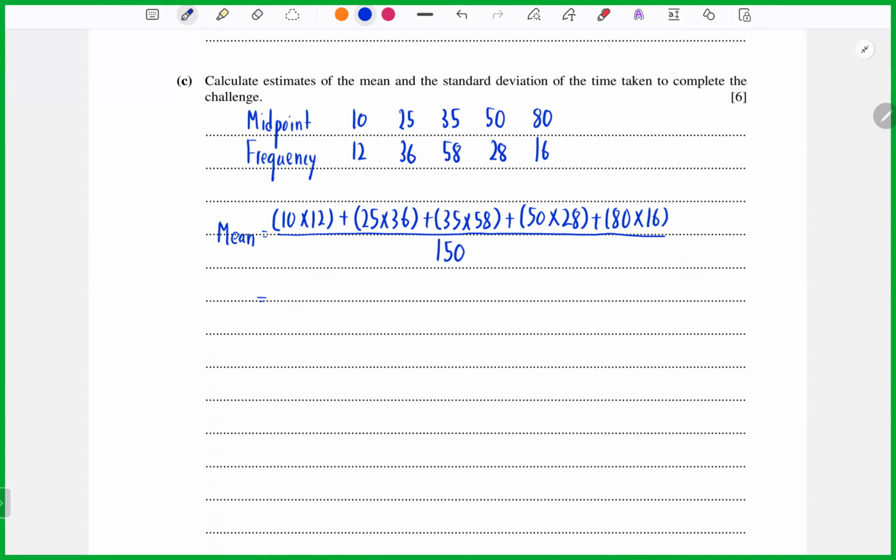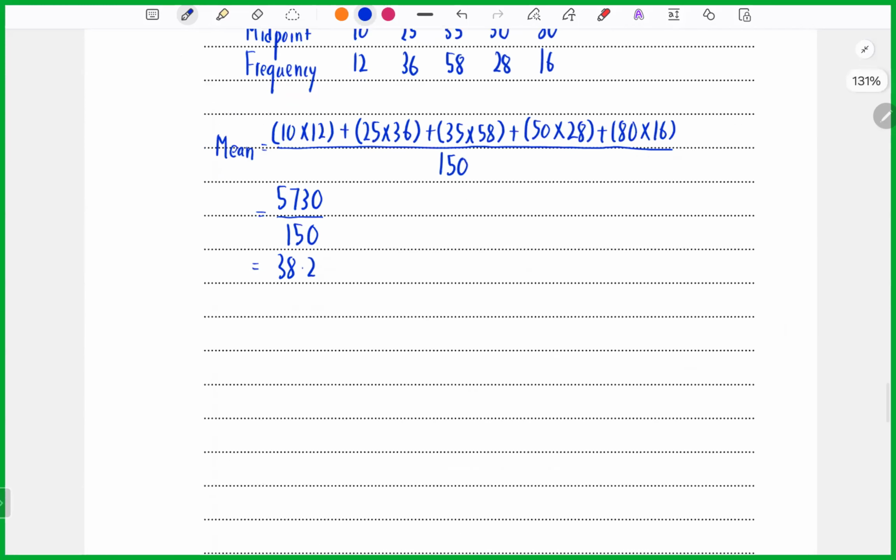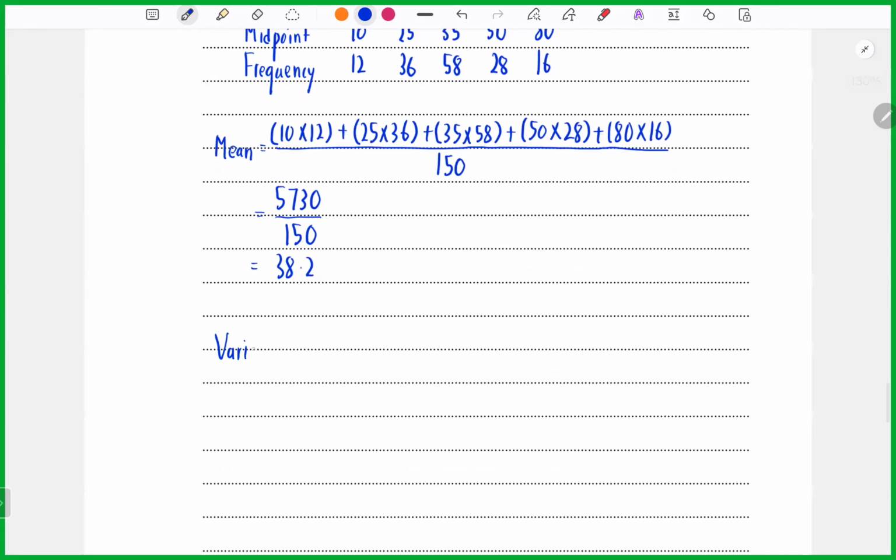We calculate the numerator, and you get 5,713 over 115 equals 38.2.